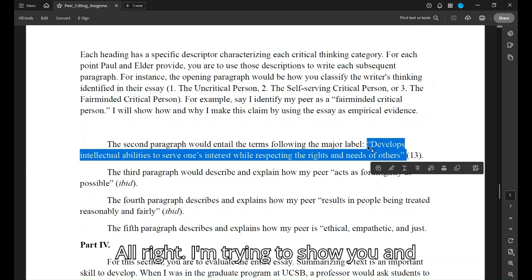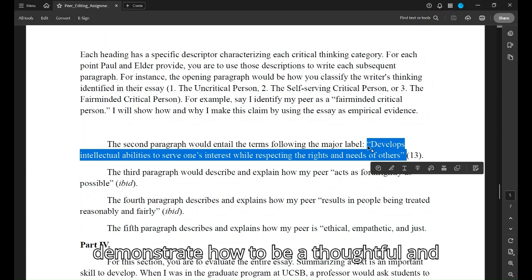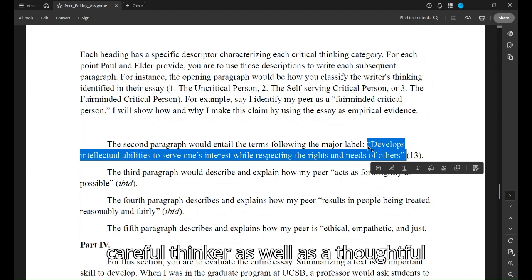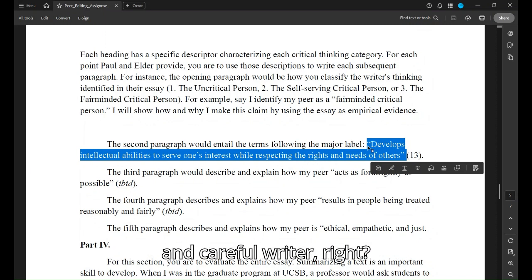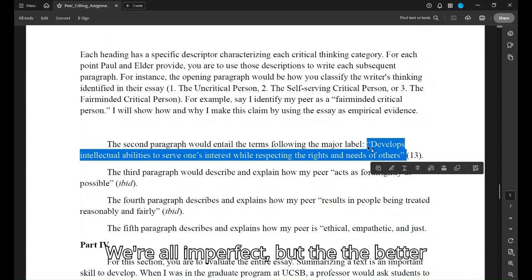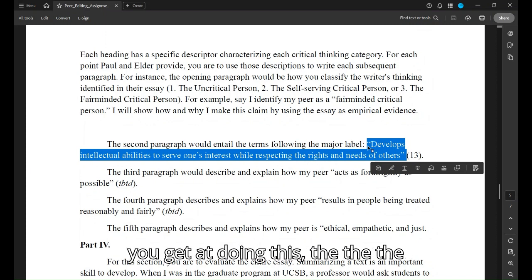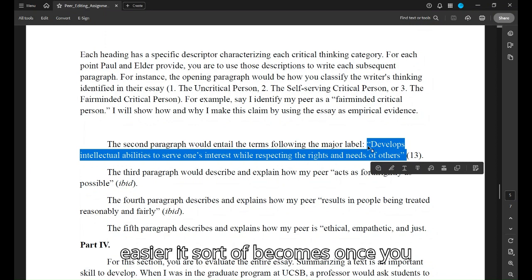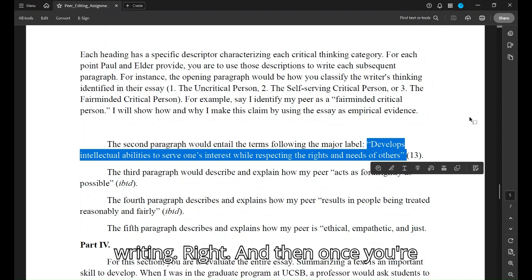All right. I'm trying to show you and demonstrate how to be a thoughtful and careful thinker as well as a thoughtful and careful writer. Right? We're all imperfect, but the better you get at doing this, the easier it becomes once you start getting used to this process of writing.